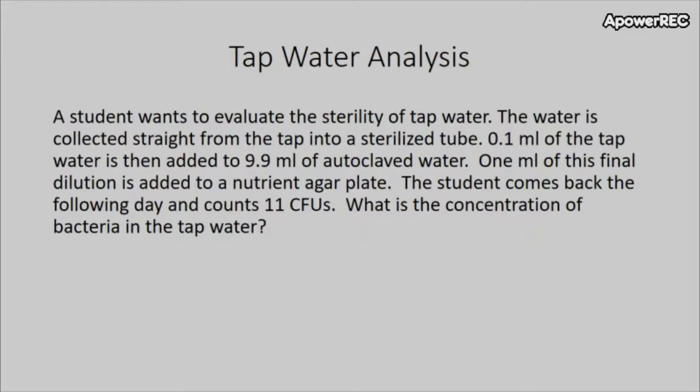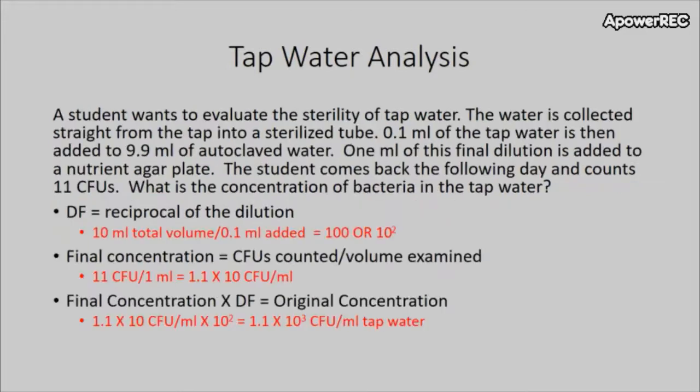And so we need to figure out our dilution factor, and then we multiply that by the result to get the original concentration. So our dilution factor is the reverse of our dilution.